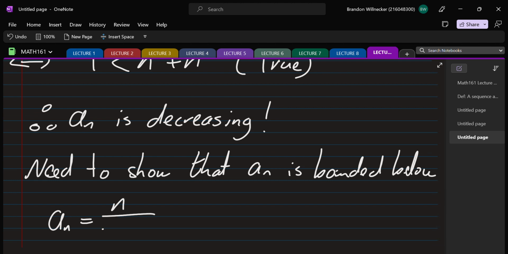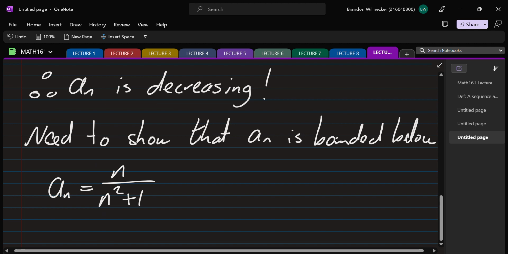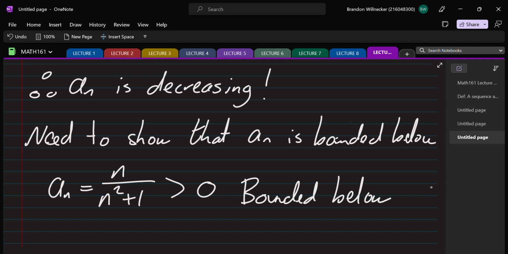That's n/(n^2+1). We see that for any natural number n, the numerator is always positive, the denominator is always positive, everything's positive, which means it is always greater than 0. So, since this is always greater than 0, 0 must be a lower bound. So it's bounded below. Okay, very easy to show.